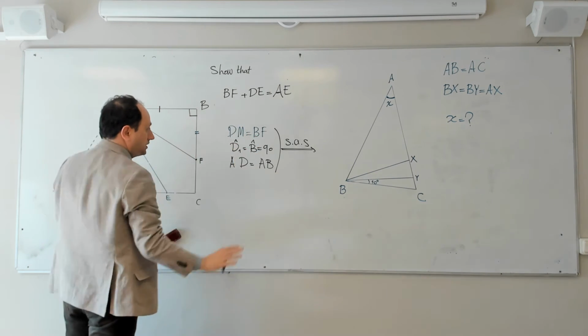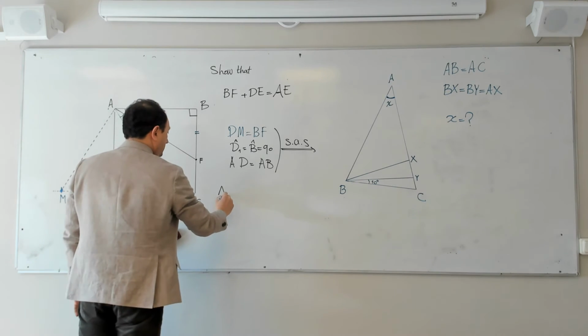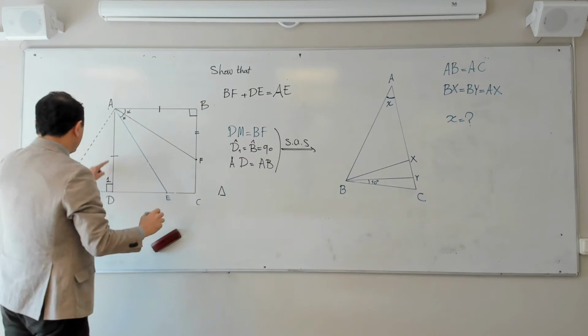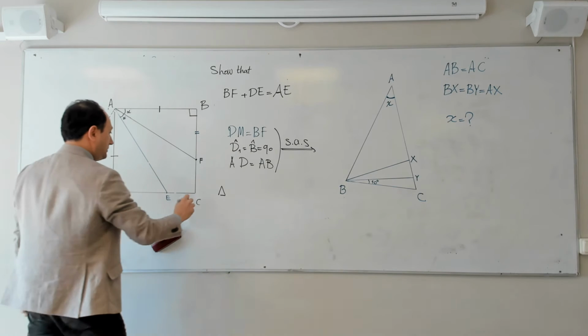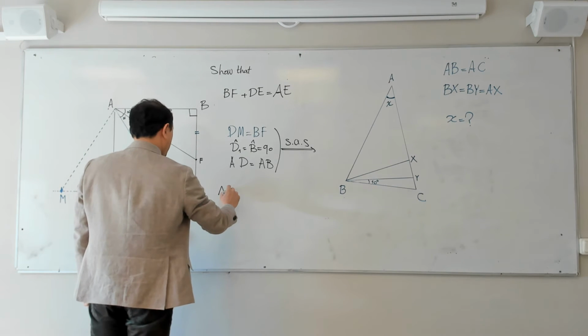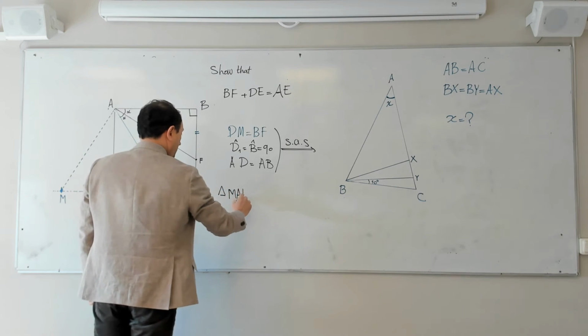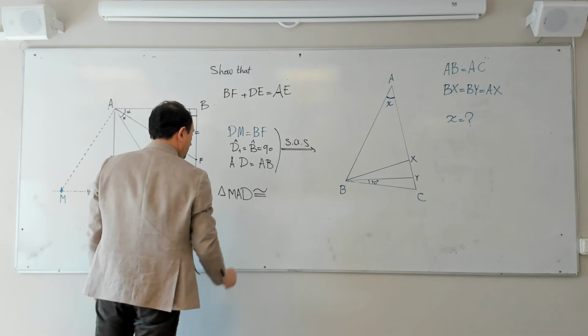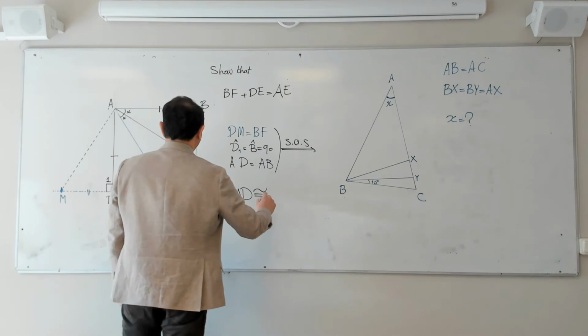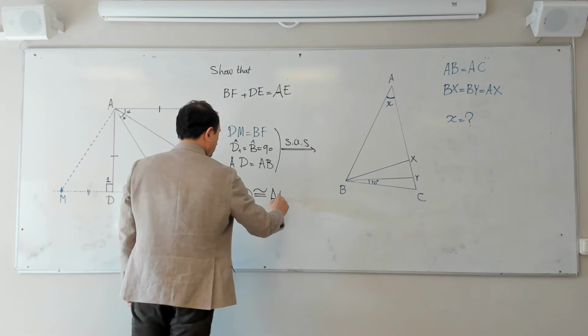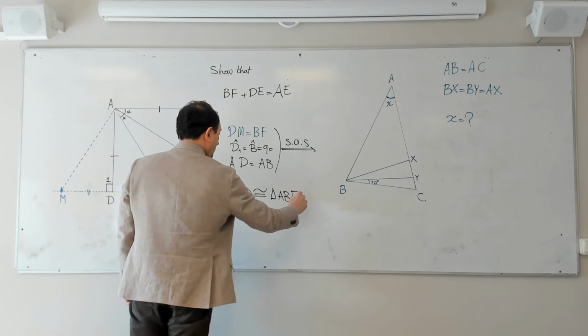So everything is in order. Then it means that the triangle that I just constructed right now, MAD, is congruent to the triangle ABF. Okay, so that is good.